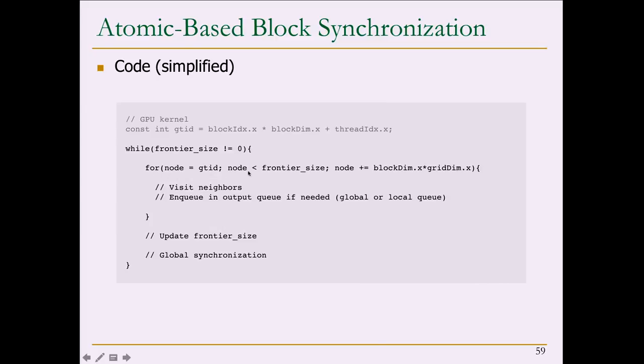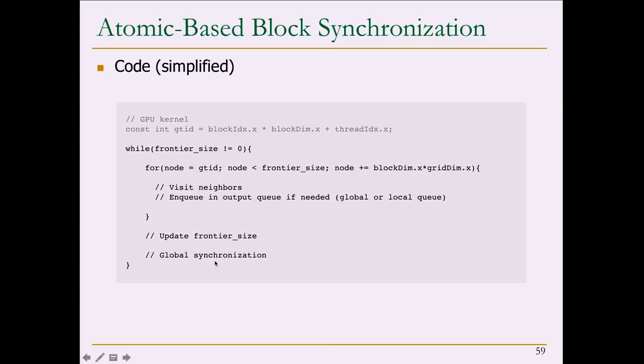And with this for loop, we distribute the vertices in the frontier among all the available threads. We visit the neighbors. We enqueue in the output queue if it's necessary. And when we finish with this for loop, we update the frontier size.